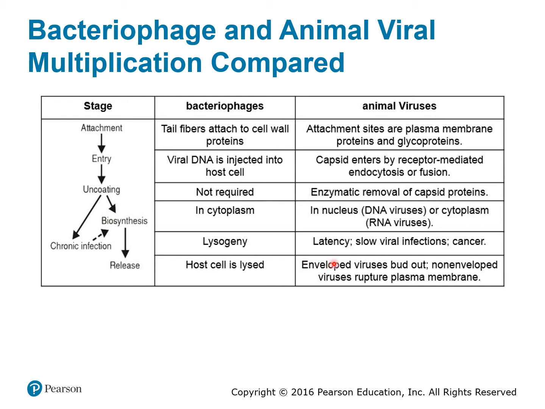Animal viruses can become latent, so they are not going to be expressed, and they kind of stay dormant inside of the host cell, and they can cause very slow viral infections because they are pretty slow in terms of their replication process. Some viruses can actually lead to cancer. So they can cause the host cell to replicate rapidly, and they can turn it into a cancerous cell.